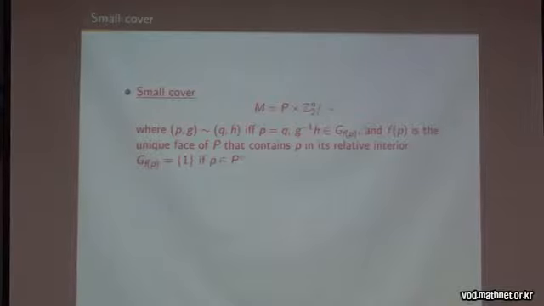F(p) is the unique face of P that contains p in its relative interior. If p belongs to the interior of the polytope, we set this group to be the trivial group.